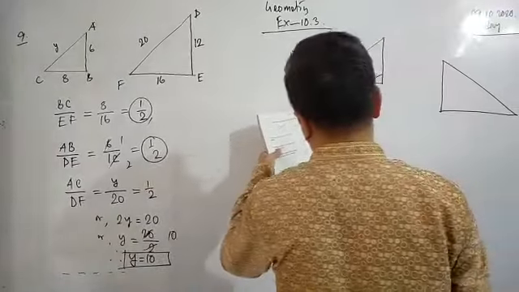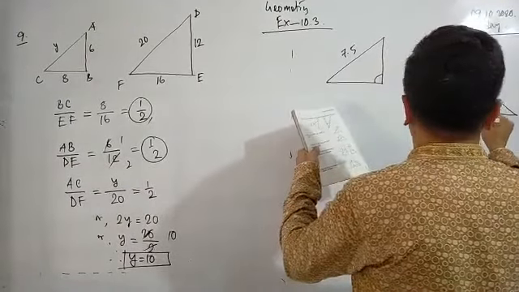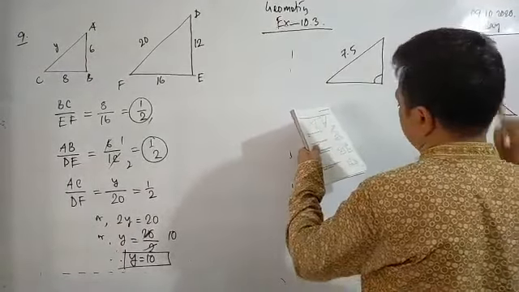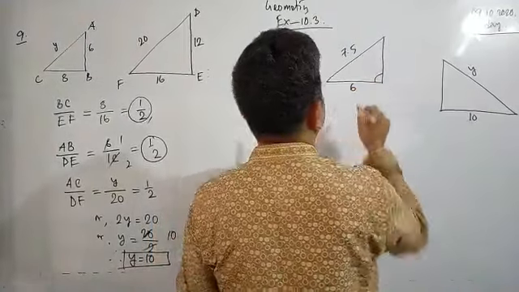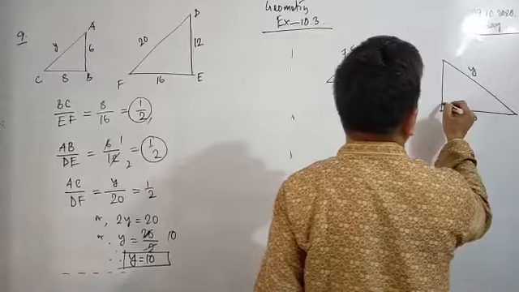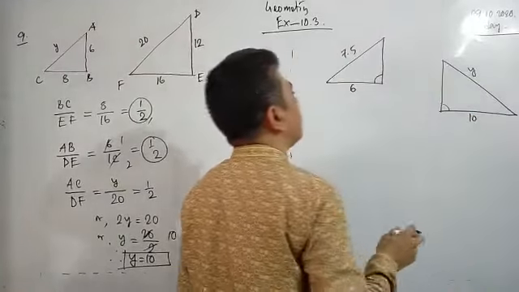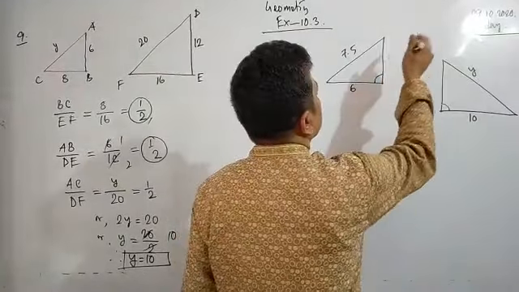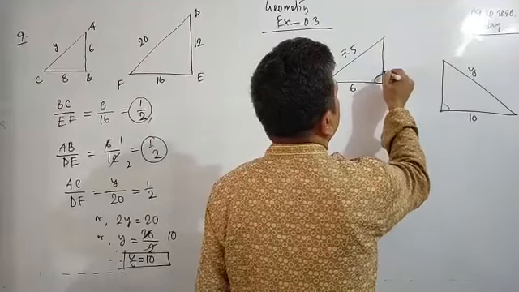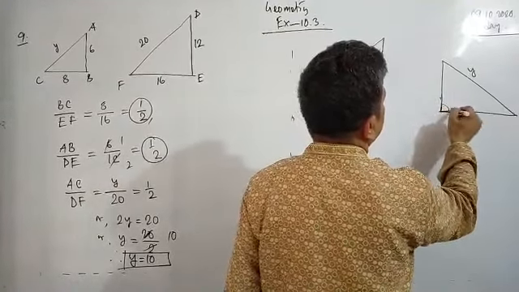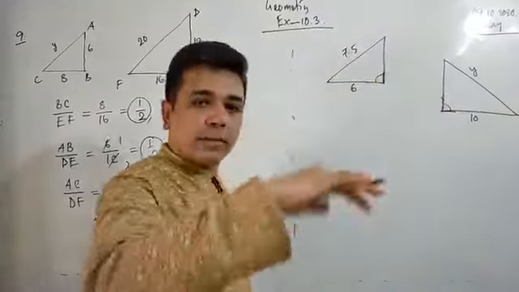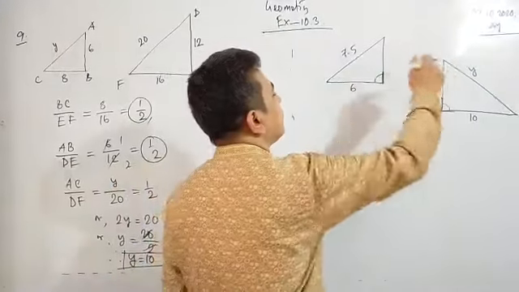Here is 10 and here is y. And here is 6. Here one indication is given. So we can consider this angle equal to this angle, because of the indications we have given.